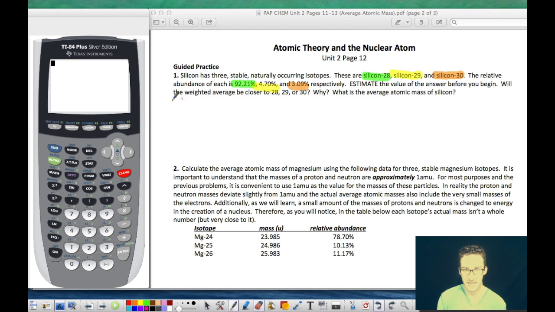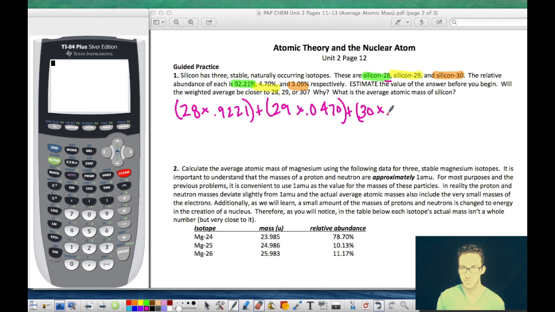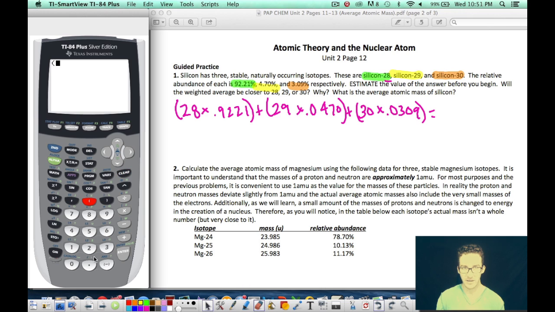Now the math here, again, you're going to use that weighted average formula where it's just the mass of the first isotope, in this case 28, times its percent abundance, 0.9221, plus the mass of the second isotope, 29, times its percent abundance, 0.0470. Don't forget to move your decimal 2 places there. Plus the mass of the third isotope, in this case 30, times 0.0309. And that's it. Then it's just a matter of plugging and chugging in your calculator.